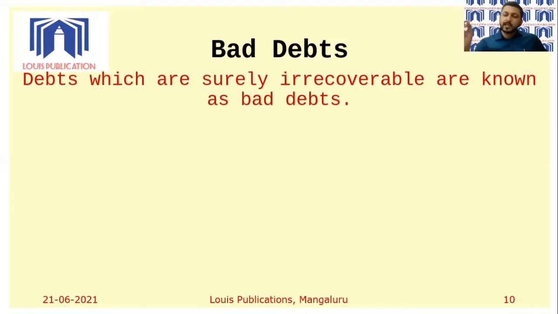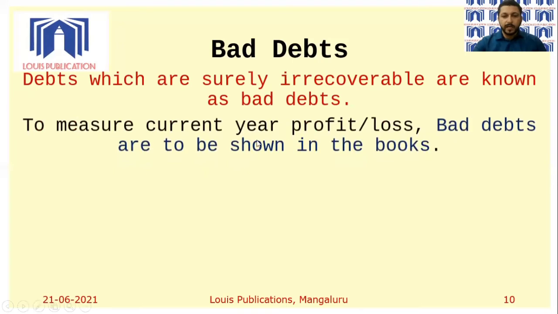So when that asset doesn't recover the required amount or EMI, whatever installment the borrower had to pay, over a period of 6 months, banks treat such assets as non-performing assets. So in business, the concept is called bad debts. Debts which are surely irrecoverable. Business has tried its level best, but is not able to recover. So such debts are called bad debts.